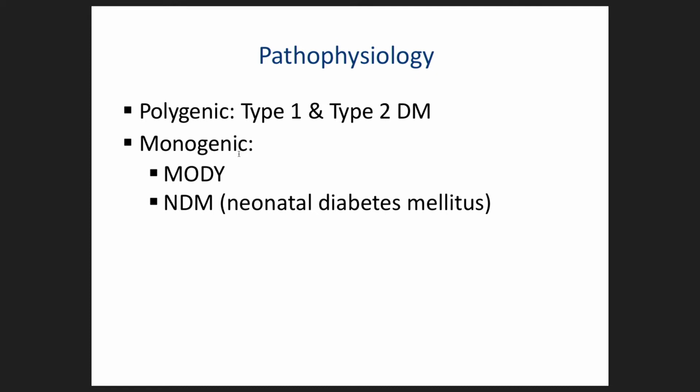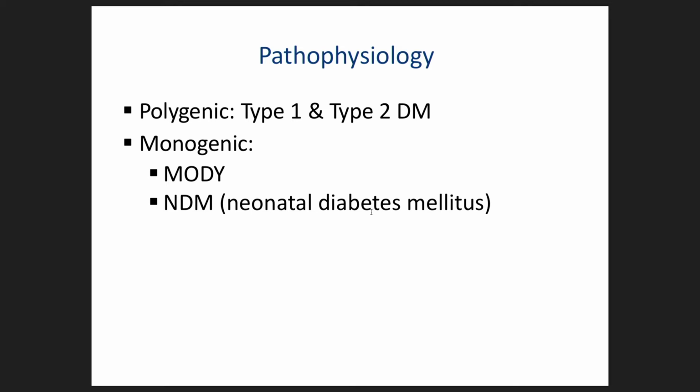For example, MODY. MODY doesn't need an environmental triggering factor. MODY is a 100% genetic disease, so only genes, no environmental factors. The same thing for neonatal diabetes mellitus. Neonatal diabetes mellitus has nothing to do with environment. Pure 100% genetic mutation.